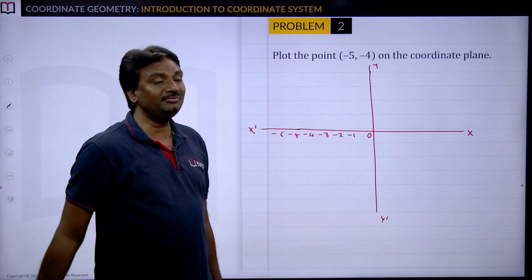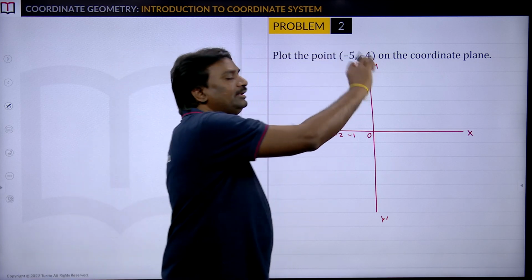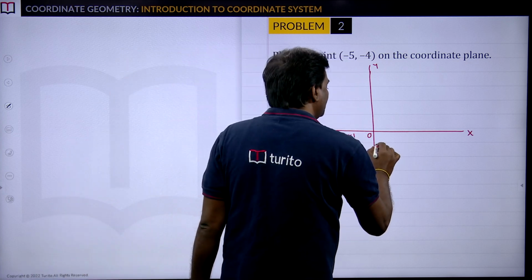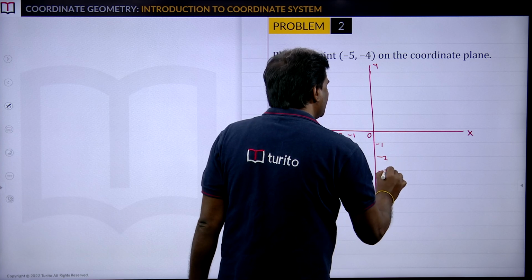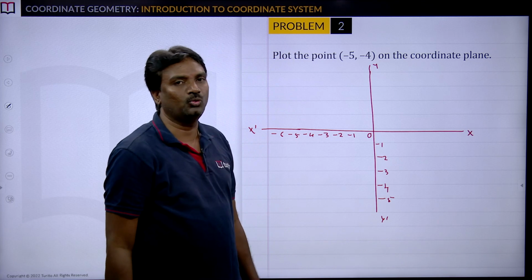On the left side of 0, I am supposing these are -1, -2, -3, -4, -5, -6, and so on. You may take some numbers, but here the x coordinate is -5. Similarly, on the negative y-axis we can take -1, -2, -3, -4, -5, -6, and so on.